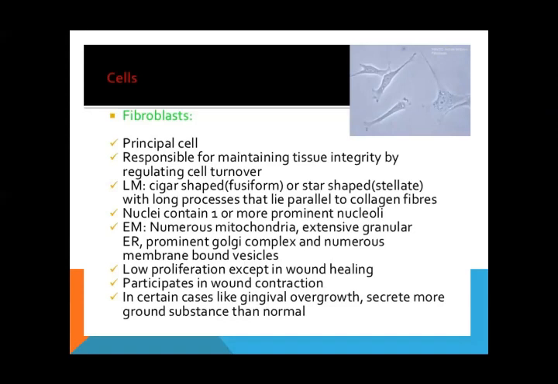Numerous mitochondria, extensive granular endoplasmic reticulum, prominent Golgi complex, and numerous membrane bound vesicles. Low profile except in wound healing, where they participate in wound contraction. In certain cases like gingival overgrowth, they secrete more matrix substances than normal.